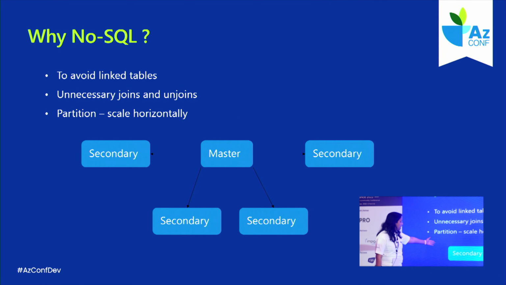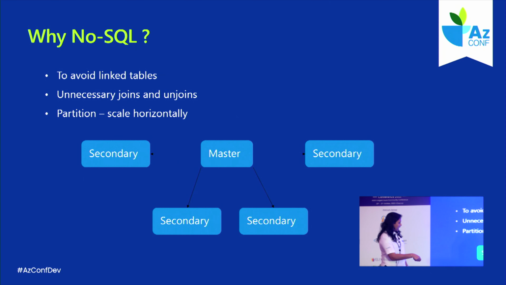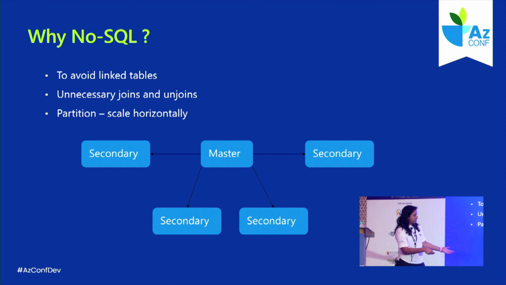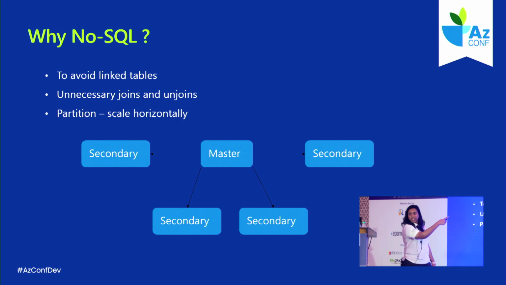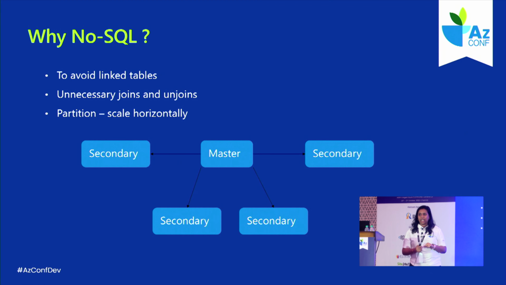This secondary will have Chennai as the value, the other secondary will have Bangalore, the other one will have Hyderabad, and the same way Delhi. If you get one more city, then you will get one more partition and it will be easy for us to fetch the data. So this is why we say that NoSQL is much more efficient than SQL.